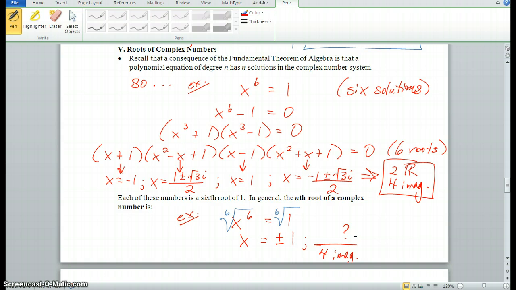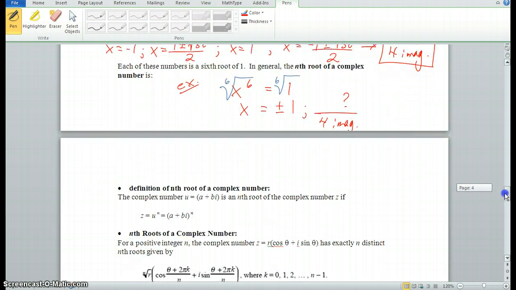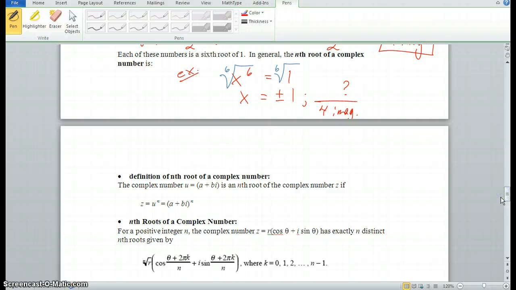Okay. Well, let's continue and see what we can do with this with relation to the definition of an nth root of a complex number, as we see here. So the definition of the nth root of a complex number. The complex number u equals a plus bi is an nth root of the complex number z if z is equal to u to the n, which is also then equal to a plus bi.